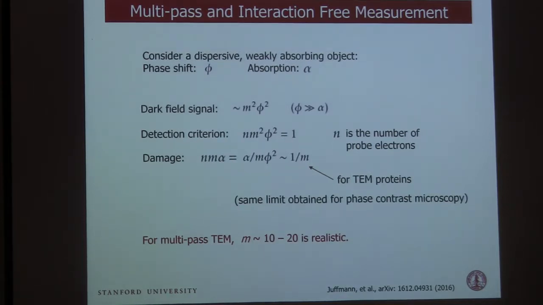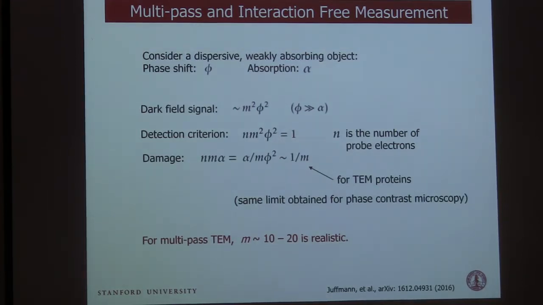Then the way I can detect that is to send in many probe particles, one after another, and eventually the detector will go click, and I will then know that there was an object in the way at that location. My detectability criterion is that the number of probe particles times the probability per click is on the order of 1. That's how I learn that there's something in the way. And then you can say, well, what's the damage?